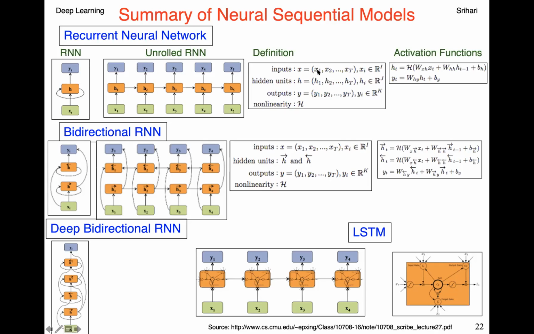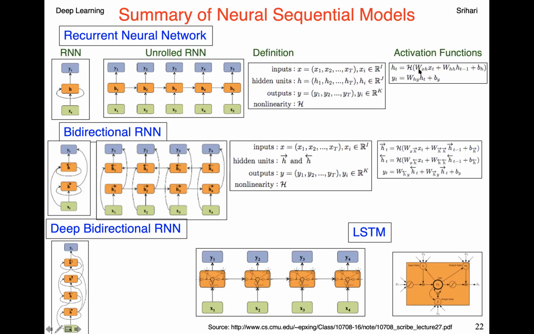So we can say inputs x equal to x1 through xt, hidden units h equal to h1 through ht, outputs y equal to y1 through yt, and the non-linearity that's being used is h. And the non-linearity is what? h of Wxh xt plus Whh ht minus 1 plus bh. We just saw what these are.